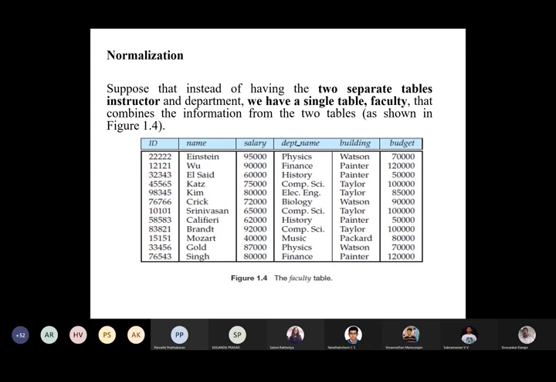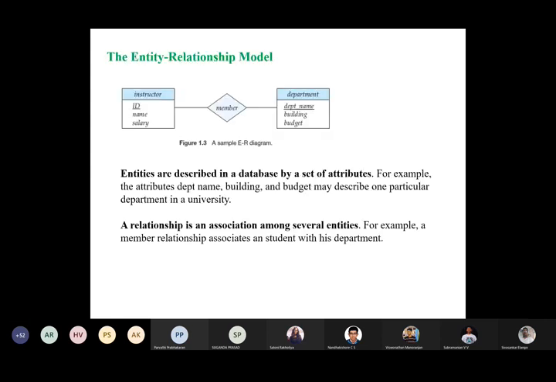Suppose that instead of having two separate tables, instructor and department, we have a single table, faculty, that combines the information from the two tables, right? Instructor may have ID, name, and salary, and department has a department name, building, and budget, right? That's what we discussed in the previous ER diagram, right?